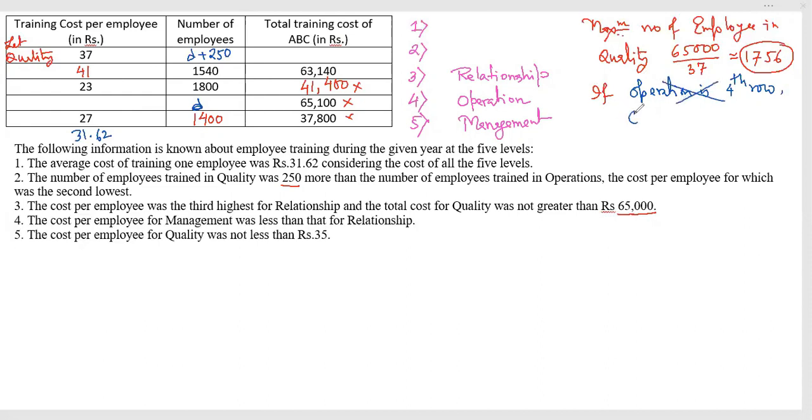Then operation is the fifth row. By this way, we have to go on checking.